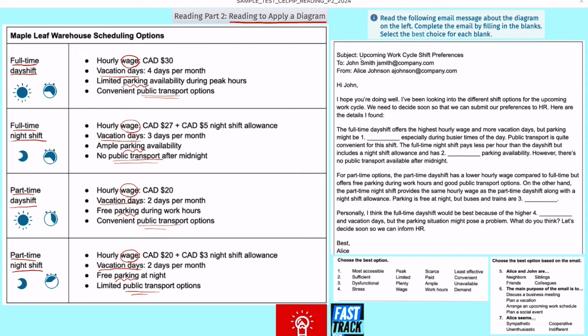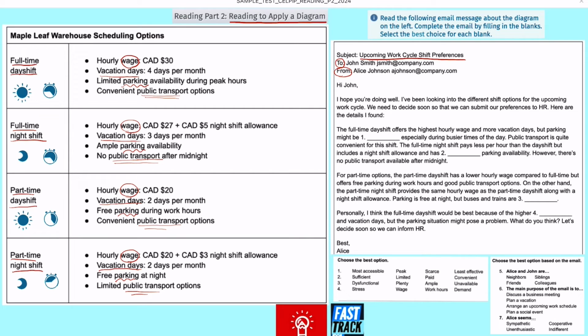In this case, we have the subject, upcoming work cycle shift preferences. Okay, it looks like they're going to be discussing work shifts. And we have the email being sent to John, and it's being sent by Alice.